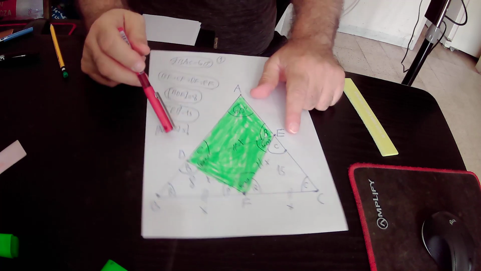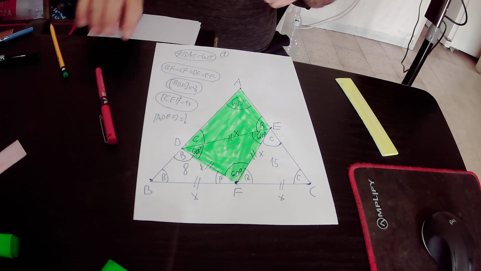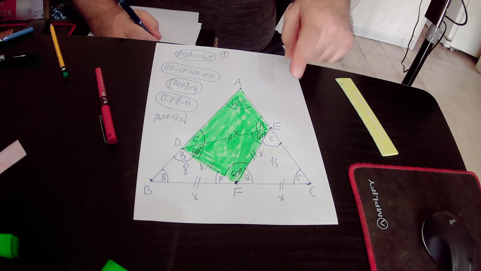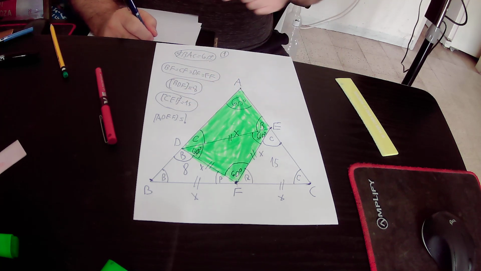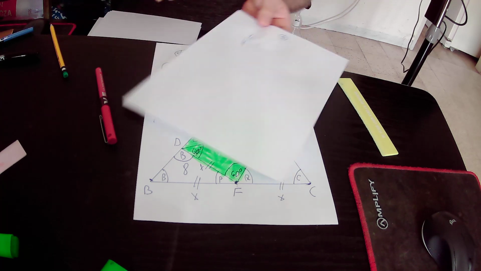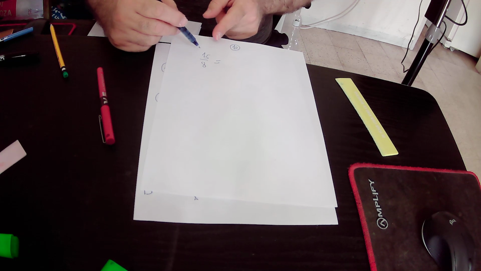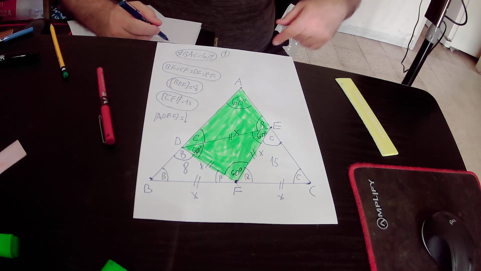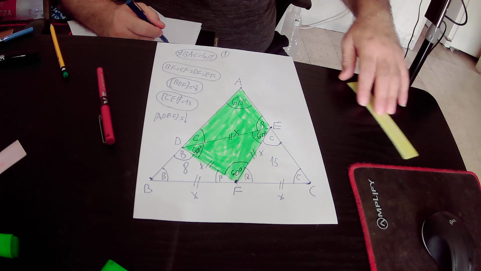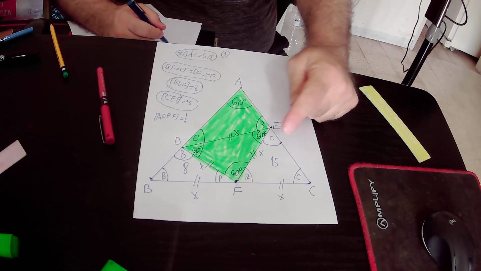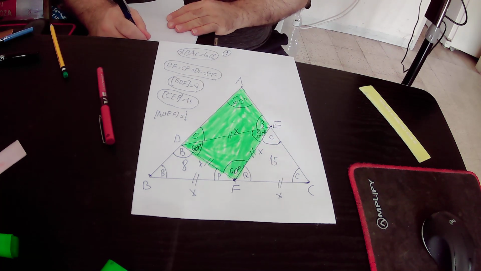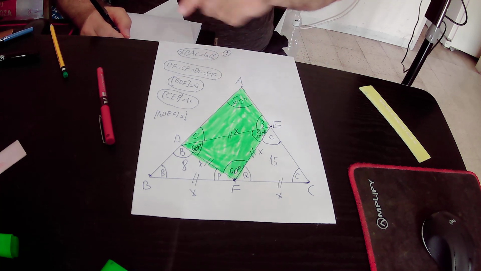So if we divide the areas of those two triangles, we will get 15 square meter over 8 square meter. 15 is the area of the big triangle, and according to the formula that I presented to you for the area of any triangle, the area of triangle EFC equals EF times FC times sine Q over 2.